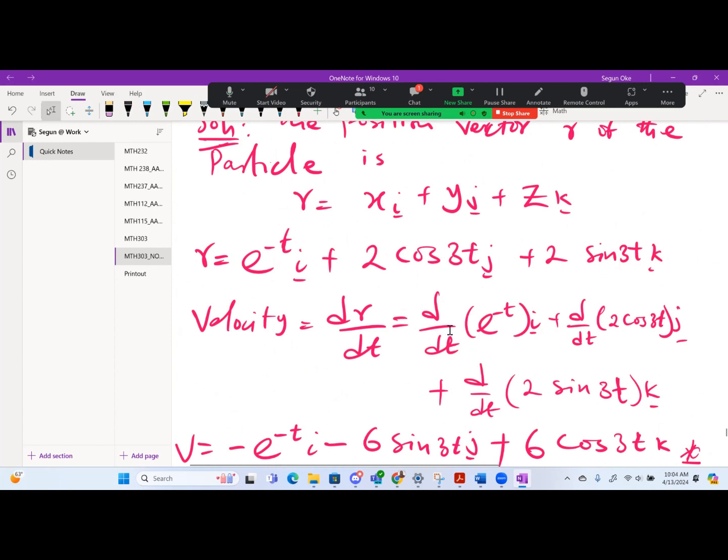We just differentiate the exponential. Look at it now. It says d dt of the exponential of this, d dt of this, and d dt of this. According to the knowledge you had in calculus, how to differentiate is very simple. When you differentiate exponential of minus t, it is like you are differentiating everything here over t, and you write your exponential back.